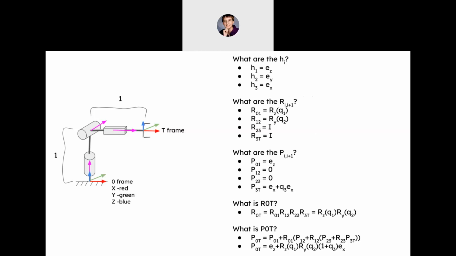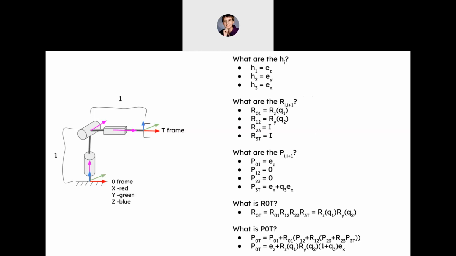Looking at the position vectors, we said that these were points 1, 2, and 3. So 0 to 1 is a distance of 1 along EZ. 1, 2, and 3 are in the same position, so these positions are 0.